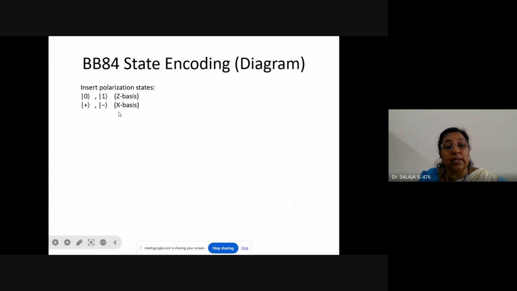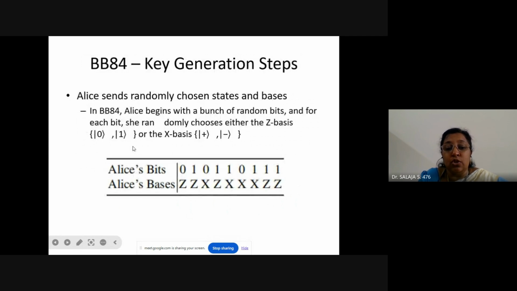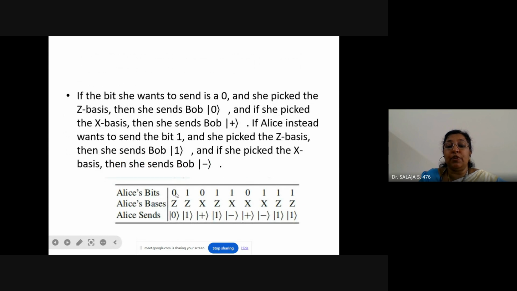If I use X base, then it is ket plus and ket minus for 0 and 1 respectively. So if it's 0 on Z, then it's ket 0. 1 on Z, it's ket 1. 0 on X, it's ket plus. If it's 1 on X, it's ket minus. So these bits are sent from Alice's perspective.